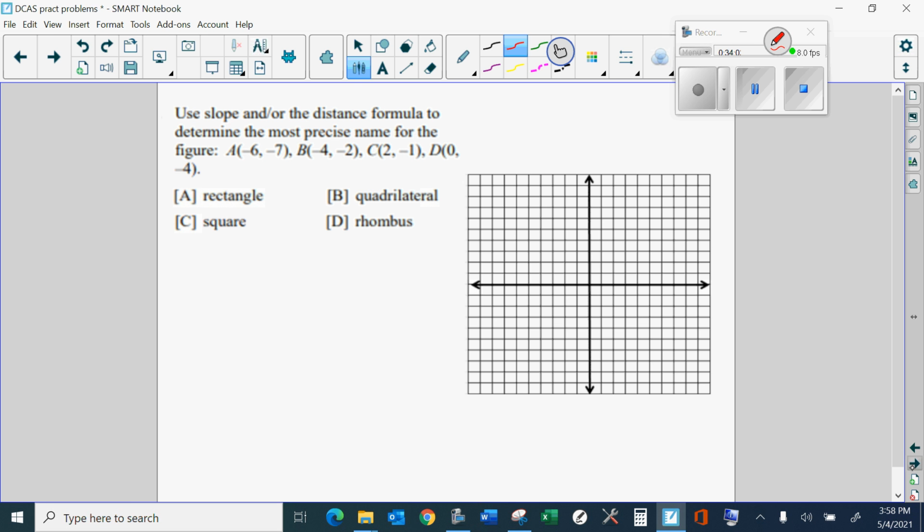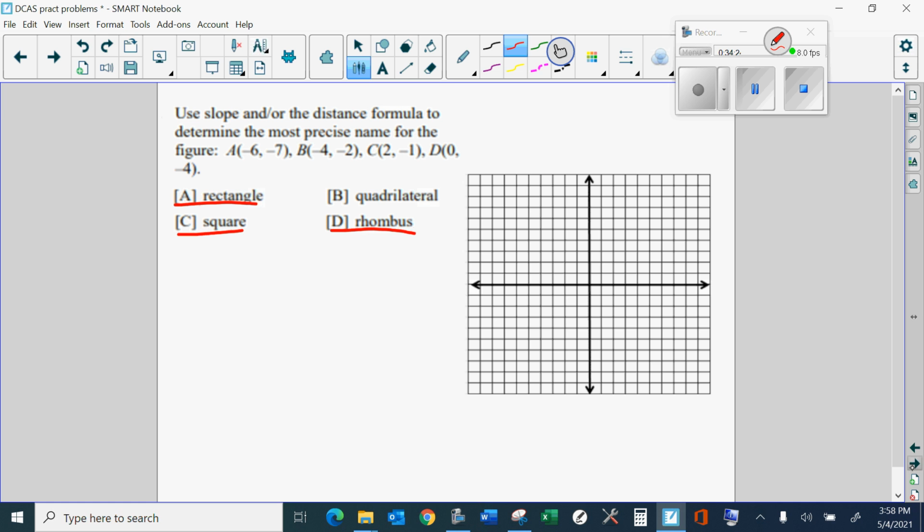Use slope and or distance formula to determine the most precise name for the figure. So I have a quadrilateral again. Notice rectangle, rhombus, or square. All those are what? What do they all fall underneath? We've already talked about this. Parallelogram. This is a parallelogram because that's why they have 3 of those there.